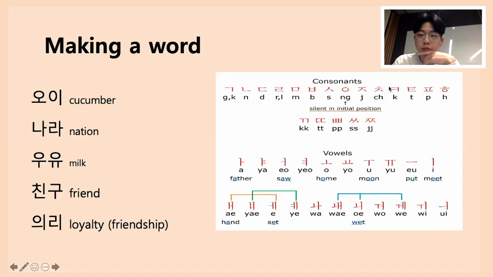So just for reference, you can't have double consonants of this. It's pronounced as ka, but you can't really have a stronger version of ka. You can have a stronger sound of G, which is ka. The main difference between this G sound and the K sound is ka and ka.